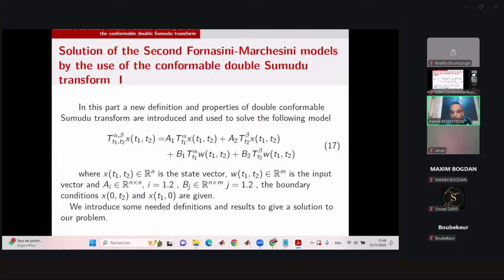For a second class of models, I will introduce a new class of systems.